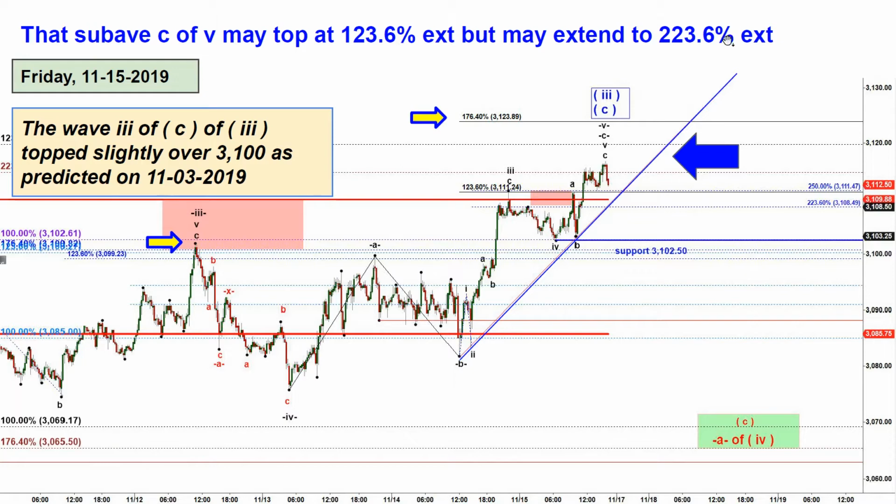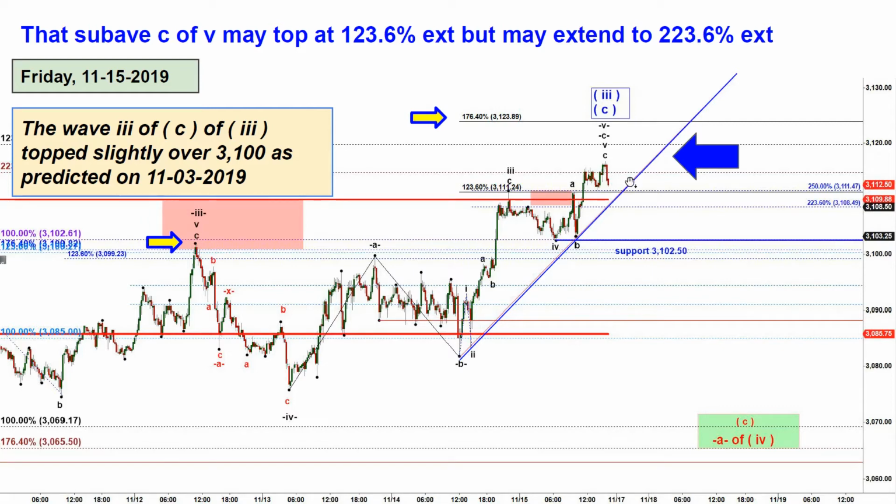To do that, you need to track the microstructure of the very final subwave C of 5. Here we could say 1 up, 2 down, ABC of 3, 4, and here we could say A up, B down and C up, and that structure has stopped.